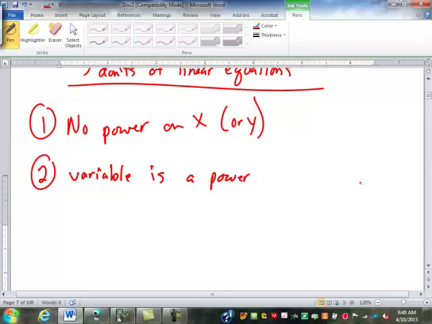So if one of the variables is a power itself, then there won't be a straight line. And then the last one, I believe it's number 8, I think. Dividing by x, dividing by a variable.